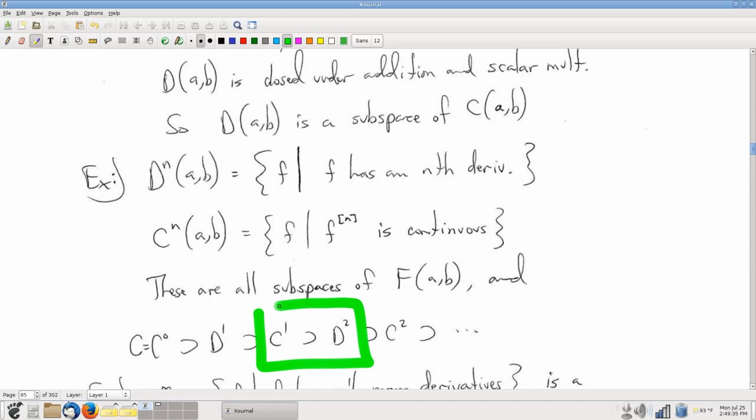Now let's look at this one. This says that a function is twice differentiable. In other words, that its derivative is differentiable. This says merely that the derivative is continuous. And certainly we know that every differentiable function, which is the derivative of another function, is also continuous.